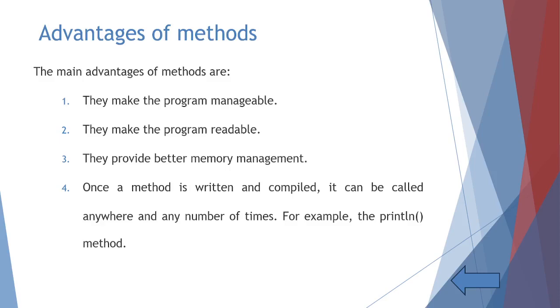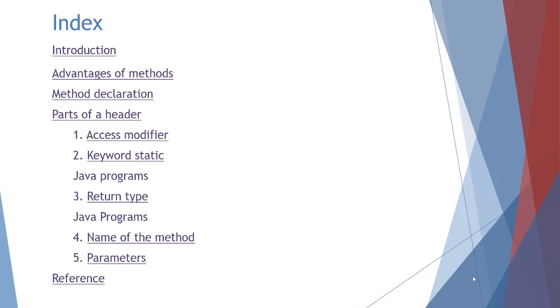Because the method which is being executed will be copied onto the RAM, not the entire program. So, better memory management. Once a method is written and compiled, it can be called anywhere, any number of times. For example, the println method. In each and every program we call the println method to print our output of the program.